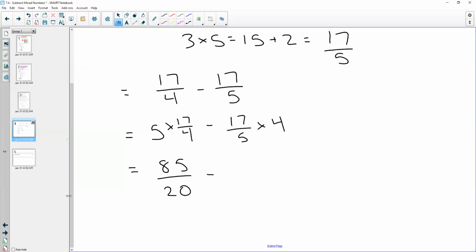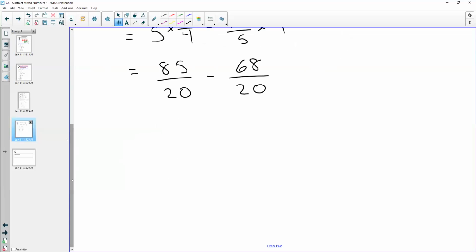Subtract 17 times 4, which is equal to 68, divided by 5 multiplied by 4, which is equal to 20. Now that we have a common denominator, we can just subtract our numerators. So 85 subtract 68 is equal to 17, and we will leave our denominators alone. And that is our final answer.